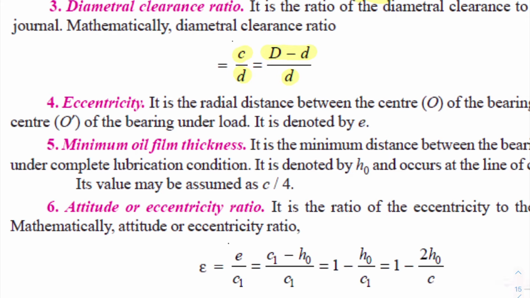The importance of this equation is that if you want to find the value H0, that is the minimum oil thickness, and you have the eccentricity ratio or attitude, you can find H0 from the given graphs in the data book. So this is the importance of this equation.